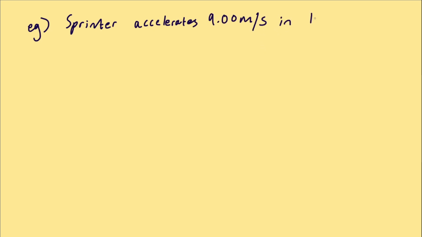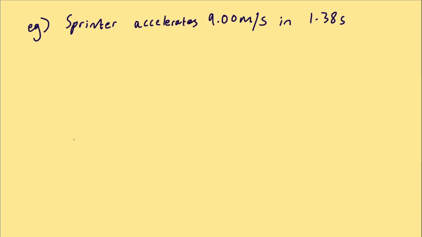I'm going to give you an example to solve on your own. You have a sprinter running a race, and he accelerates to a speed of 9 meters per second in 1.38 seconds. What is the average acceleration in meters per second squared? Go ahead, pause the video, try to solve it.